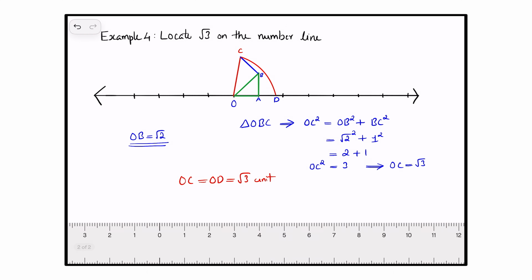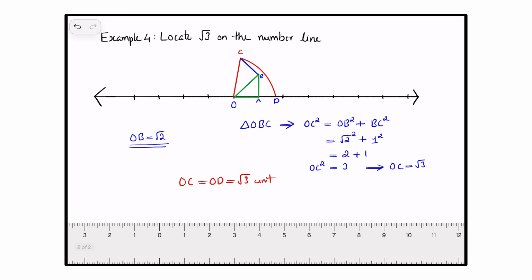So what have we done here? To plot root 3, we first plotted root 2, right? We got OB value as root 2, then using that we constructed a second right angle triangle to get our required value of root 3. We wanted to plot root 3, and to do this we have to first plot the root 2.